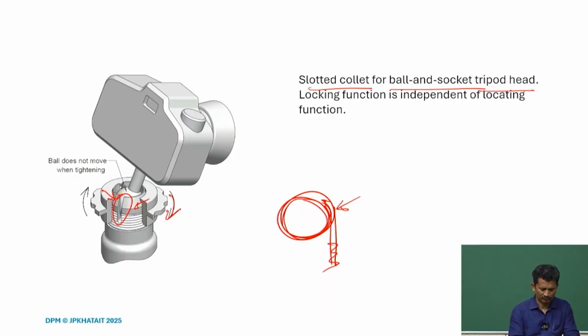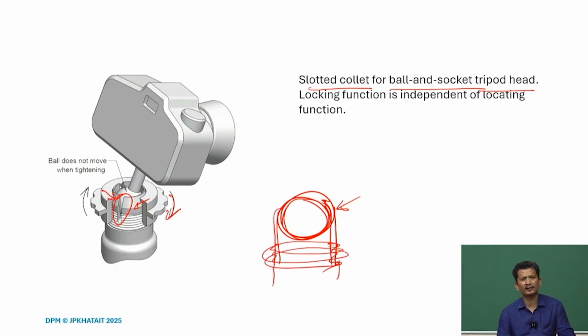What we can see is a very good use of compliance here as well, and if the functions are independent, then the locking and positioning can be carried out nicely.